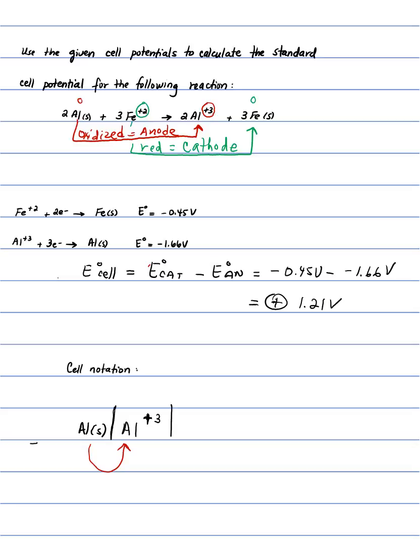After that, we write down a double line. The double line represents where your half reaction is over. So my first half reaction is showing you what is being oxidized and the product of that oxidation. You're done with that half.